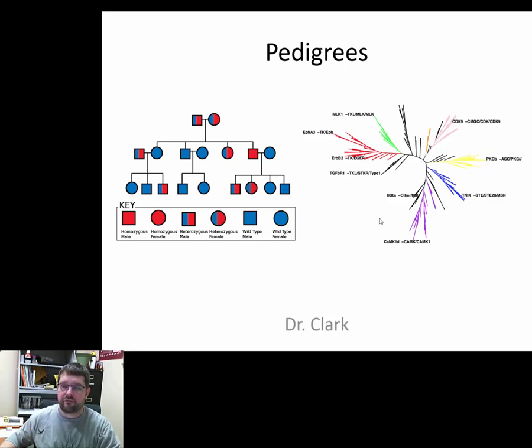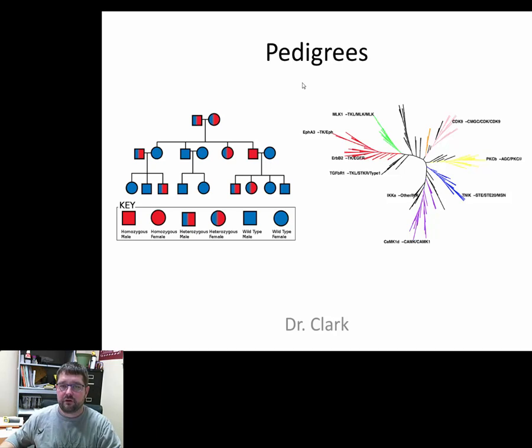Let's say you have cystic fibrosis, and if you are blue on this pedigree, you would have cystic fibrosis. Then we could put that in this system, tracking what individuals carry cystic fibrosis genes, what individuals have cystic fibrosis genes, what line of the family it came from, etc.